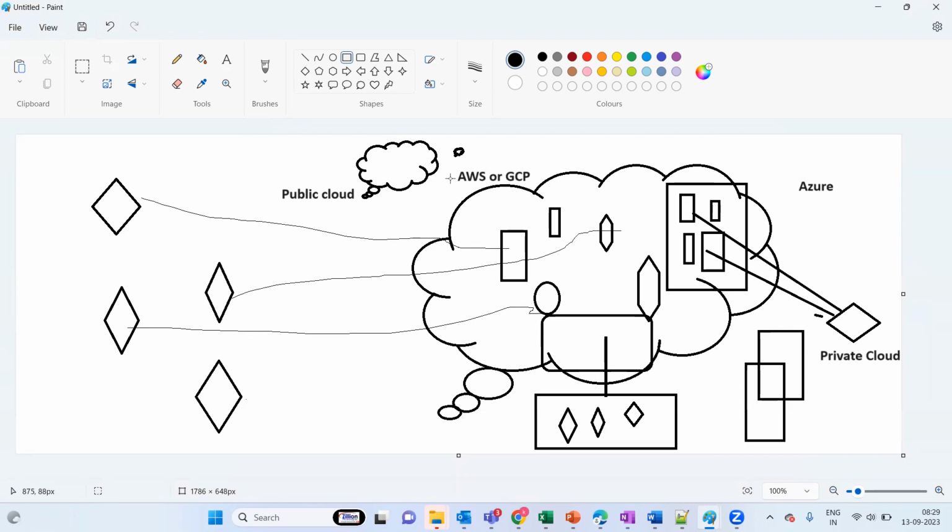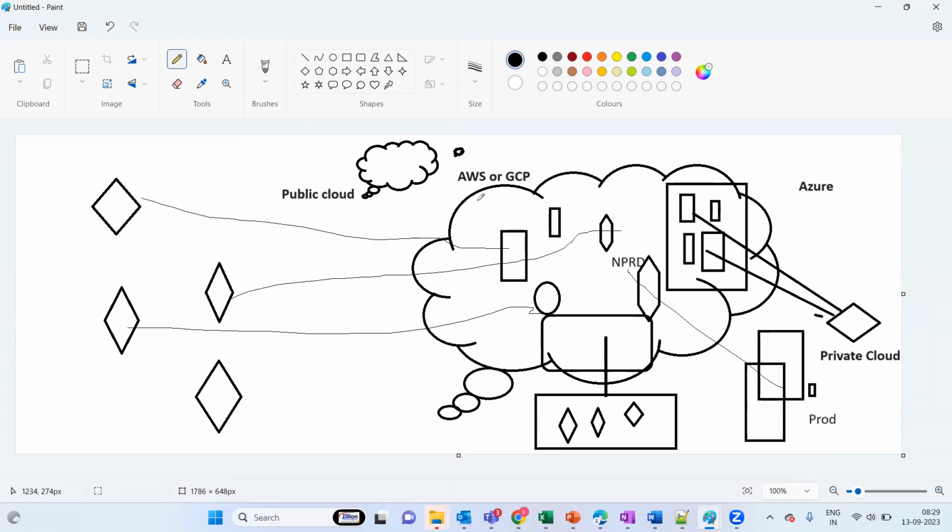The other approach is that you maintain production on-premises, and you maintain non-prod in the cloud. This is one kind of scenario for the hybrid cloud.